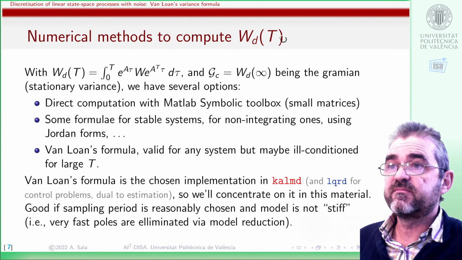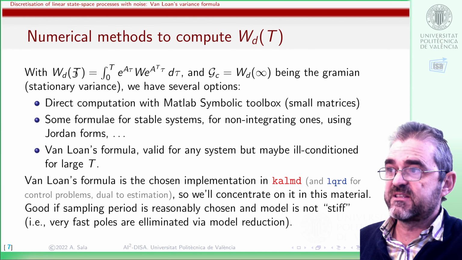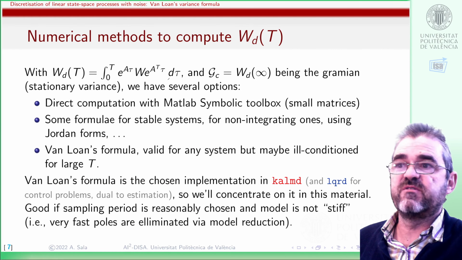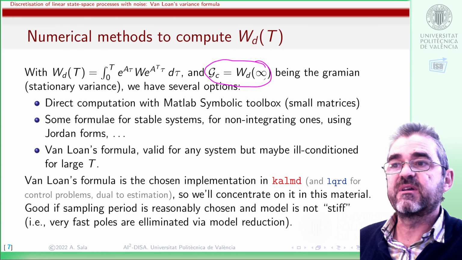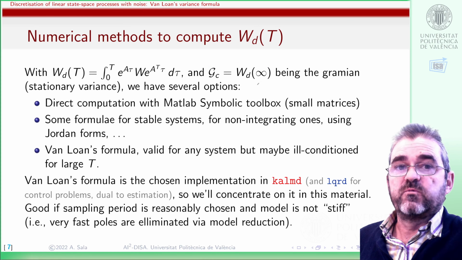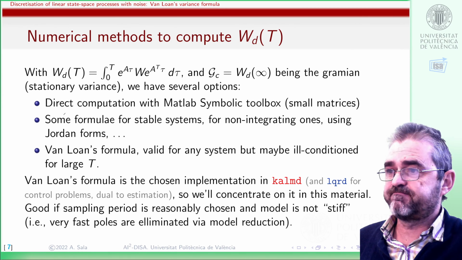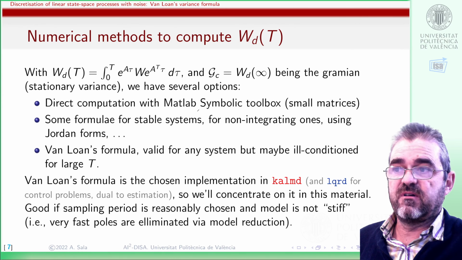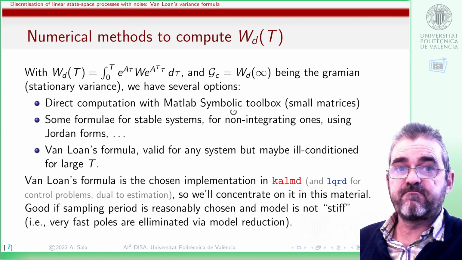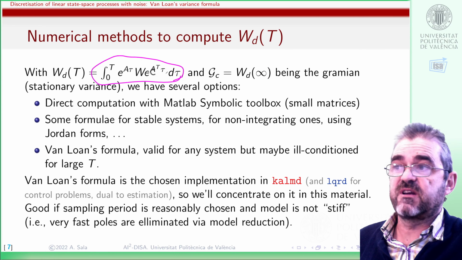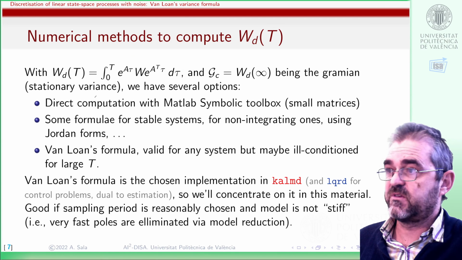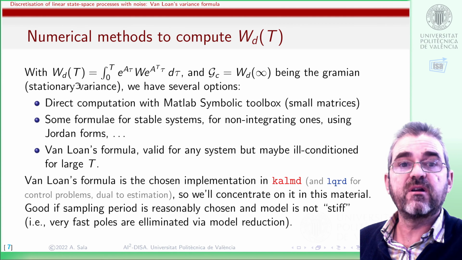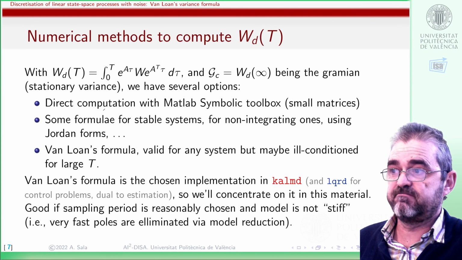How can we compute WD or its limit when capital T tends to infinity, which is called the stationary variance, interesting in many applications? Well, we can do it in several ways. If A is small, Matlab's symbolic toolbox can swallow this kind of expression and compute the matrix exponential symbolically, so the direct symbolic computation is an option.